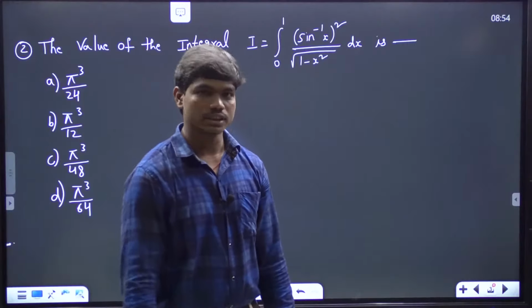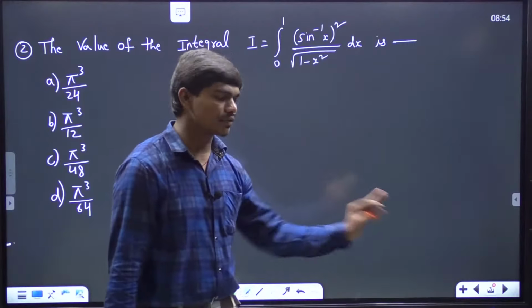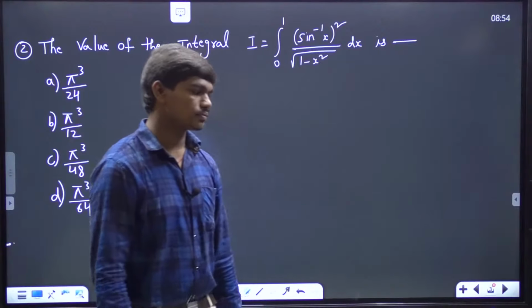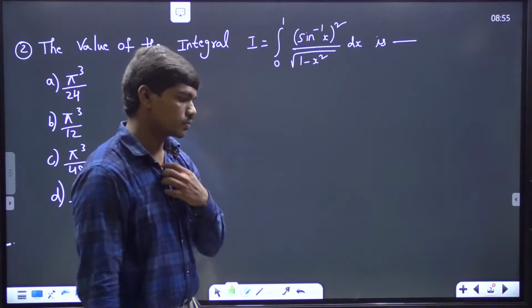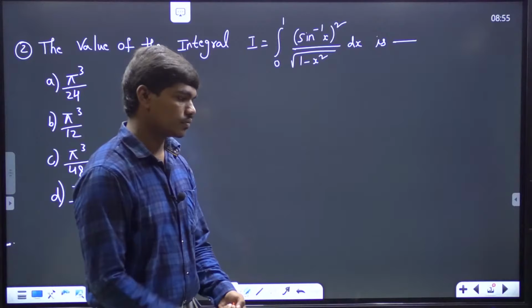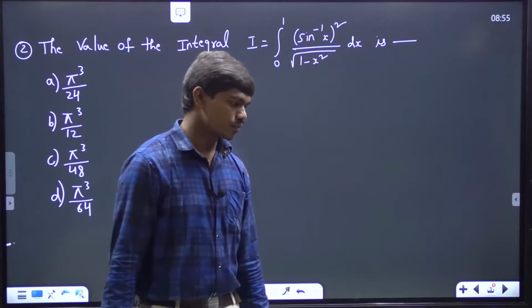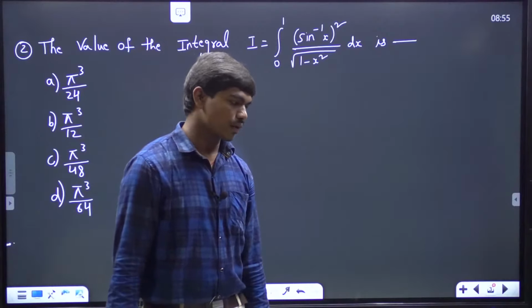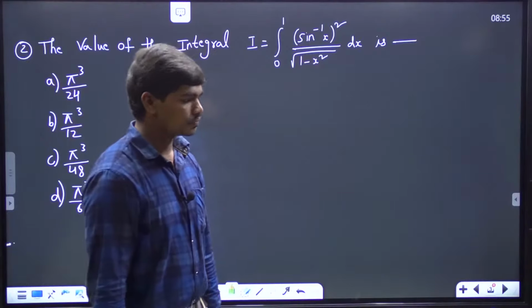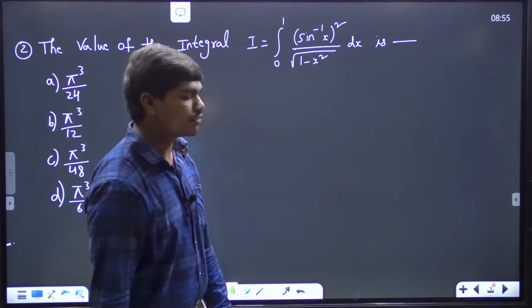All these are previous GATE questions, okay? I have set some 20 questions, so all these 20 questions are previous GATE questions. A, pi cube by 24.